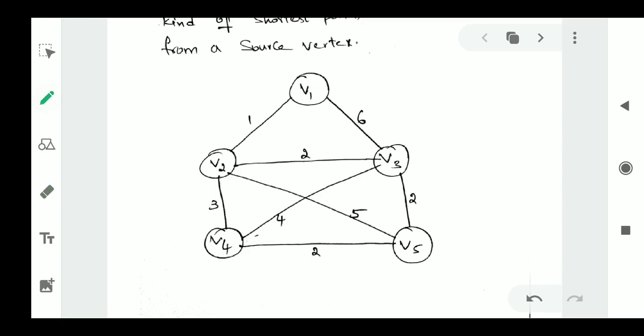Suppose I consider the starting vertex as V1. I am going to find out the shortest distance between V1 and V2. There are many paths from V1 to V2. From V1 to V2 we have this path.